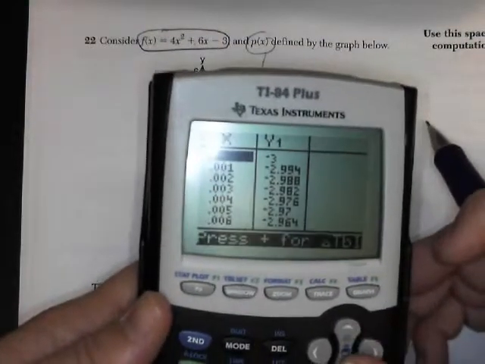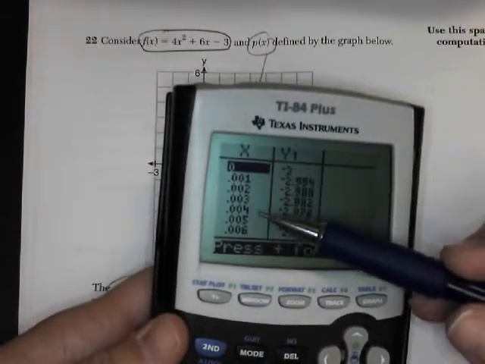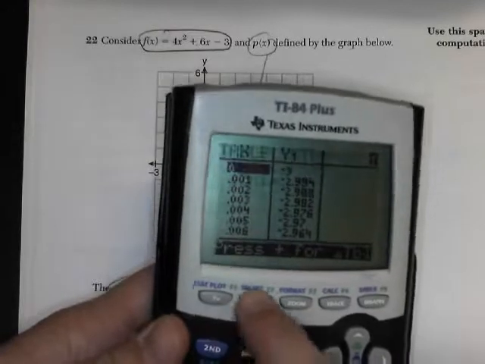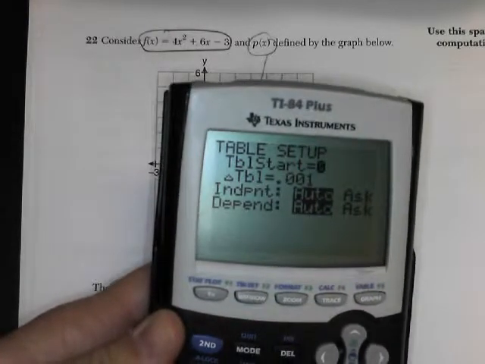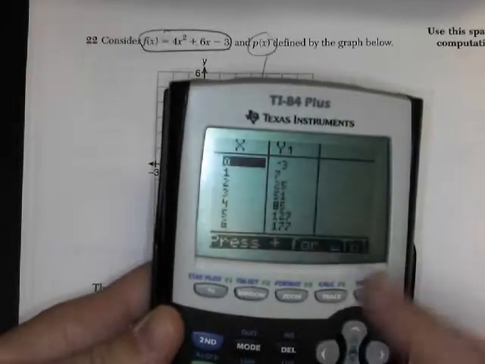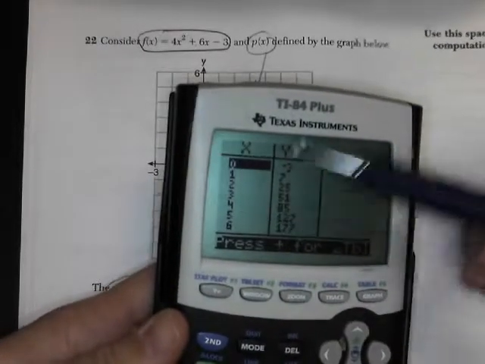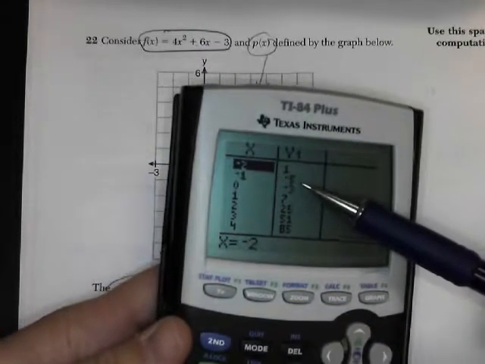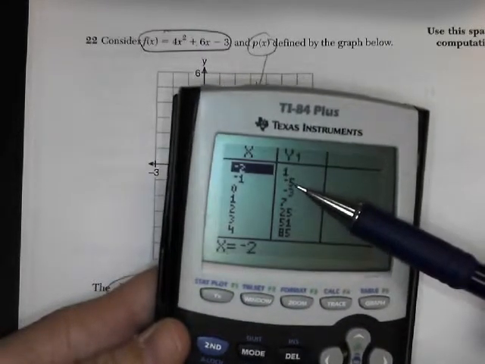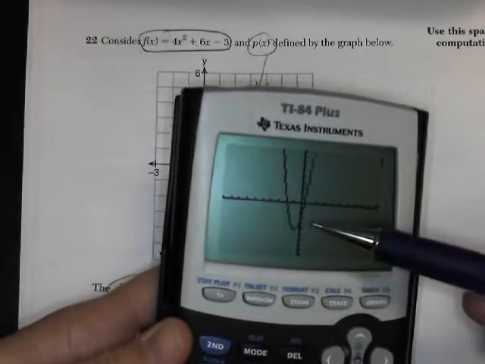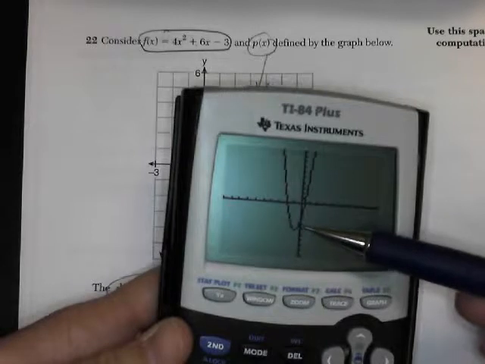So if you go to your table, and right now my table's counting by 1,000, so that's even worse. You got to set up your table properly. Most of yours would probably count by ones. And if I looked at my table, now that I've got it counting by ones, the minimum value that it looks like it reaches is negative 5. But we saw on the graph, it actually is getting lower than negative 5.